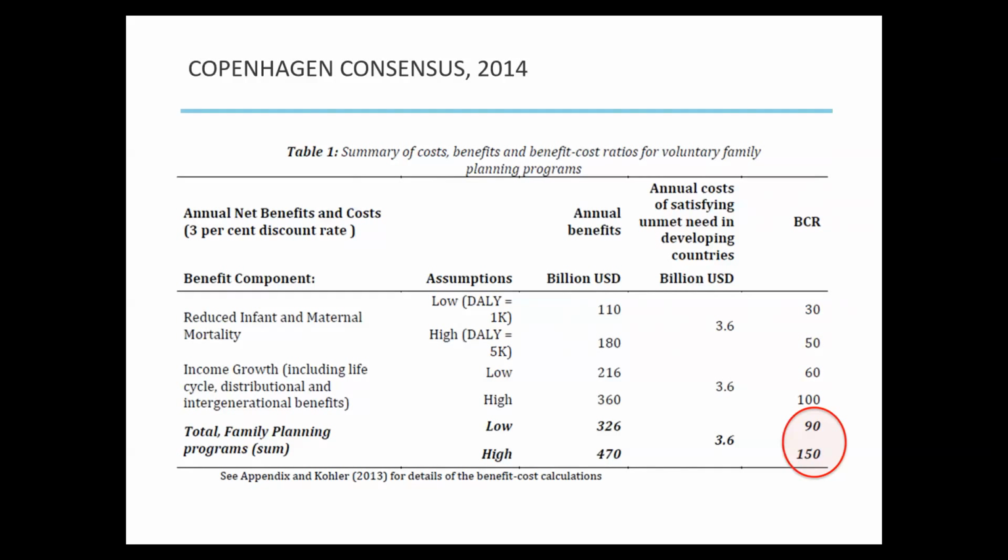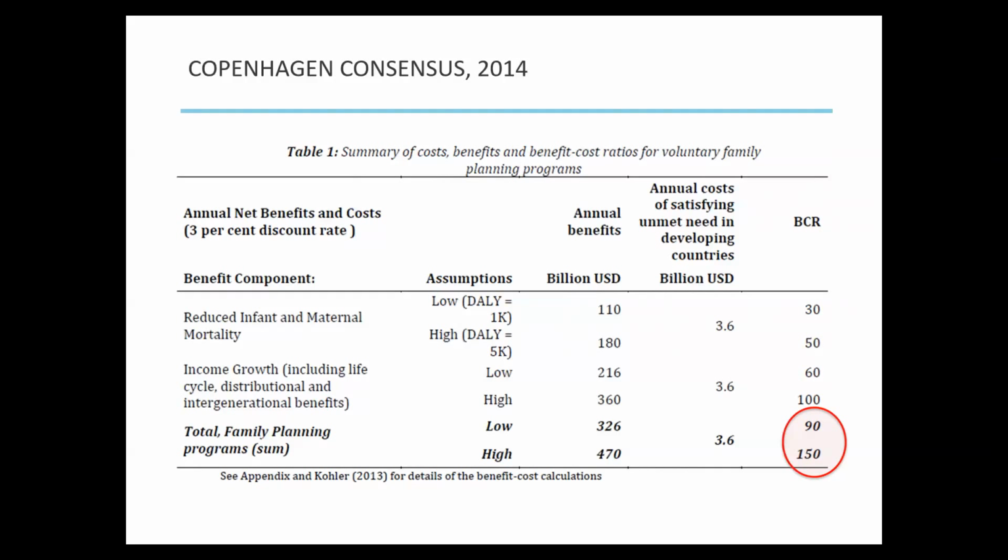Now, I just want to say that the approach that they took here was a little bit different than the Guttmacher Institute, in that instead of measuring healthcare savings, they actually used a disability adjusted life year approach. I don't have time to get deeply into this, but they basically took each disability adjusted life year, valued it, and then used that to get a benefit.